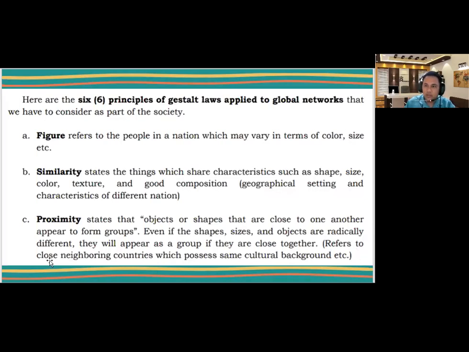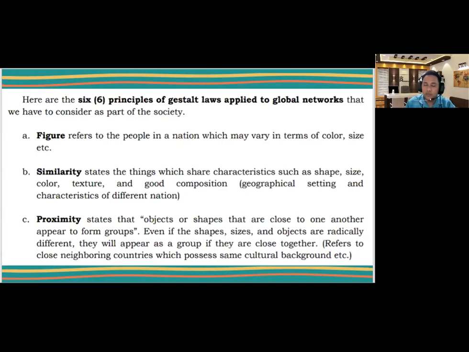Kagaya ng sinasabi dito sa mga close neighboring countries natin. So yung mga katulad nating countries such as the Malaysians, the Thailand, the Indonesians. Although magkakaiba tayo in some way, and also the geographical setting of course may be a bit different. But those close neighboring countries of ours somehow possess same cultural background natin.